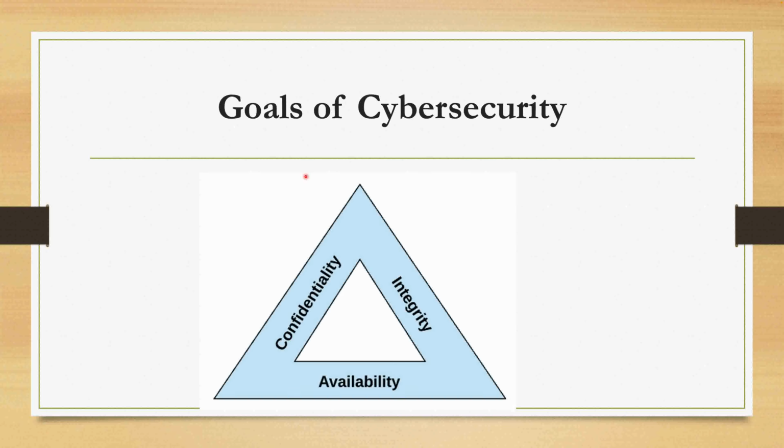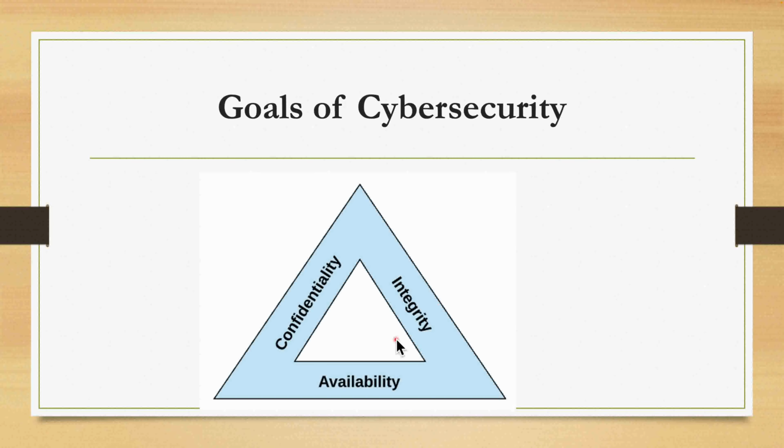Cybersecurity aims to ensure the confidentiality, integrity, and availability of the information and the system, and prevent unauthorized modification or destruction of data. Confidentiality means ensuring that sensitive information is kept private and only accessible to authorized users or entities.